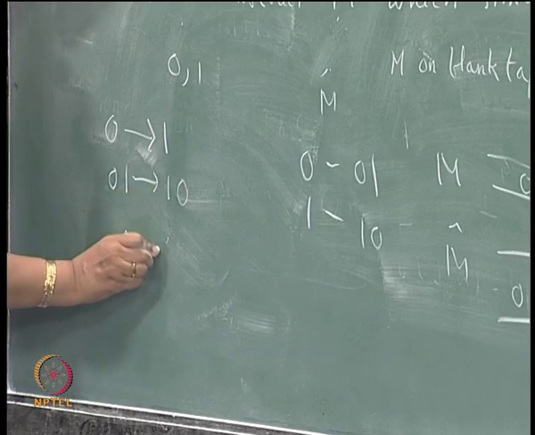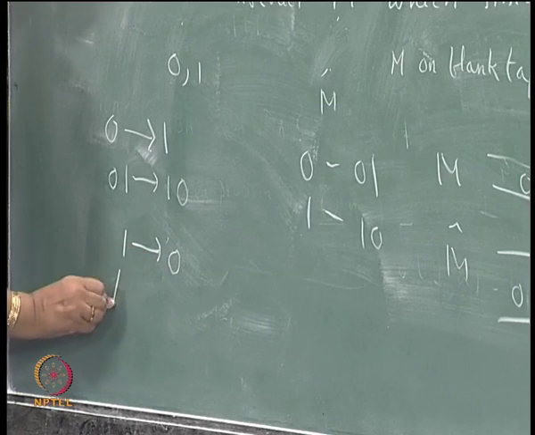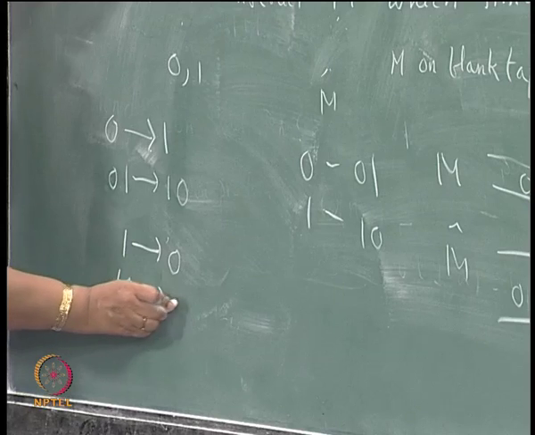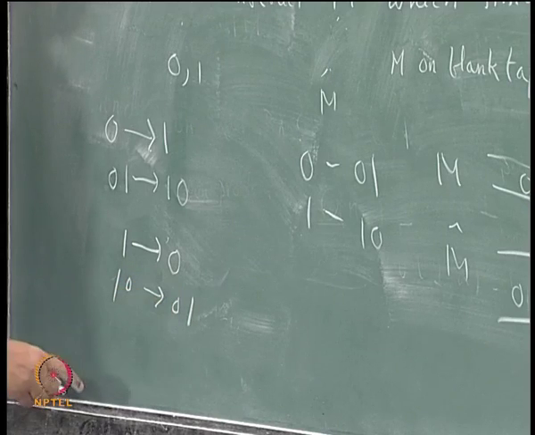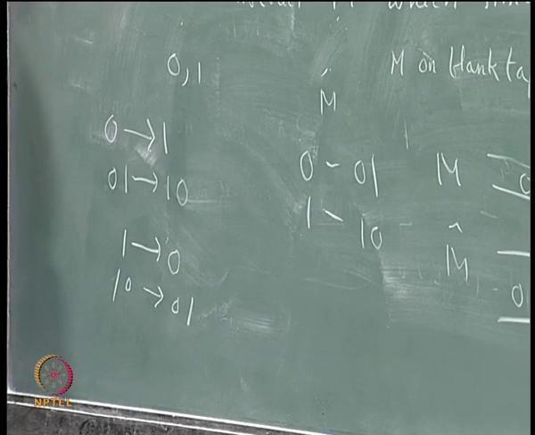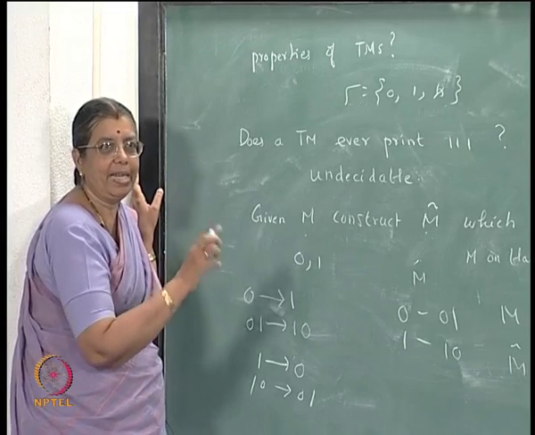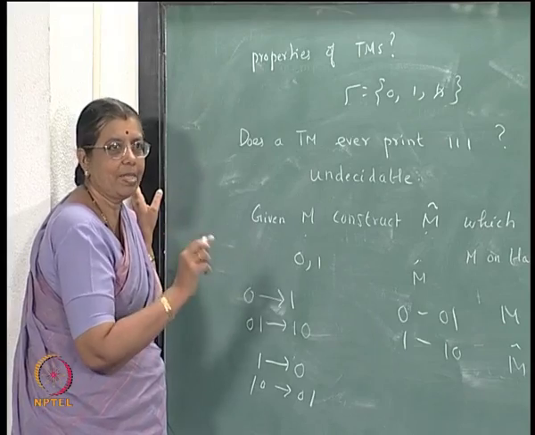Similarly, when you want to change 1, 0 to 0, 1, first change the 1 to 0, then the 0 to 1. This way you make sure that 3 ones never appear at any stage.